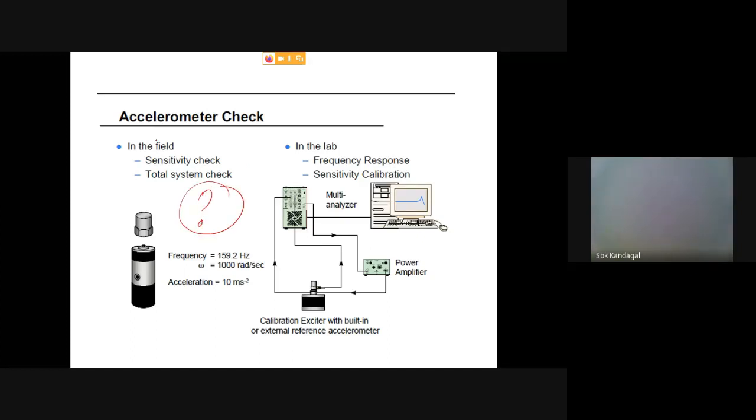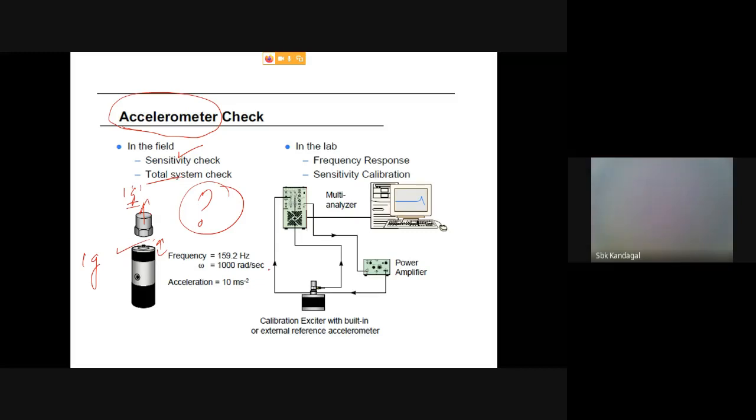That's why you need to calibrate the accelerometers and force transducers on a regular basis. Both things, sensitivity and frequency response, you have to check. For that you have handheld calibrators. Suppose I give 1G, this is a small exciter, so I should be able to get 1G output. That is the check.